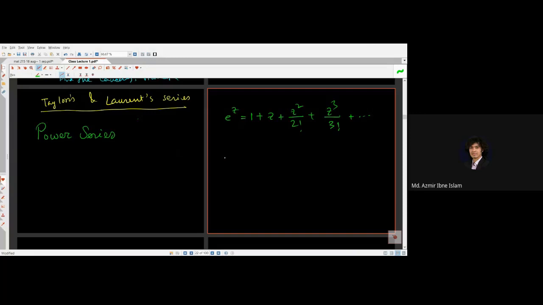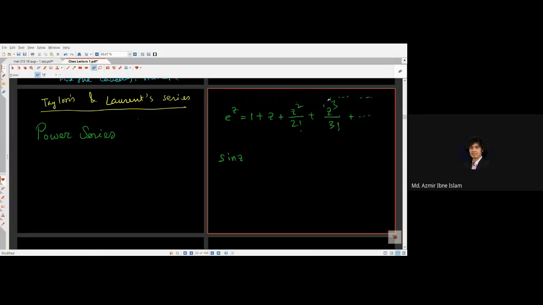You are not familiar with e to the power z, but you are familiar with e to the power x, the series that you have learned in Math 110, Taylor series and Maclaurin series. So if we have e to the power x, it will be 1 plus x plus x squared by factorial 2 plus x cubed by factorial 3 plus up to infinity. So these things are the same for complex valued functions.